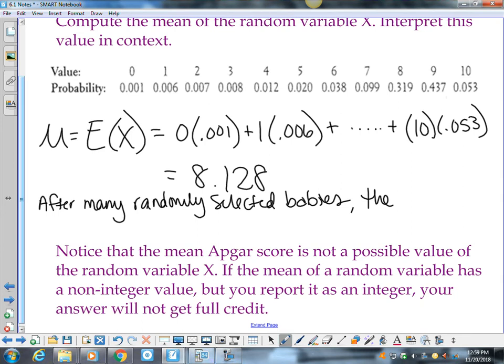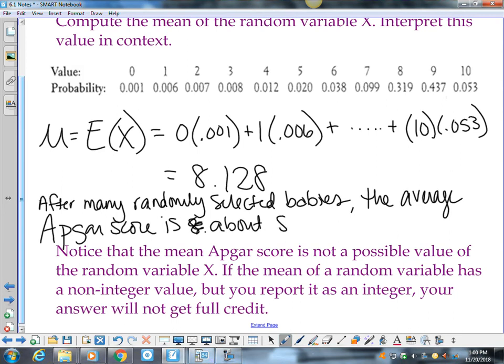you can't say the baby's Apgar score is 8.128. That's a false statement. But what are we saying? The average Apgar score is about 8.128, on average.